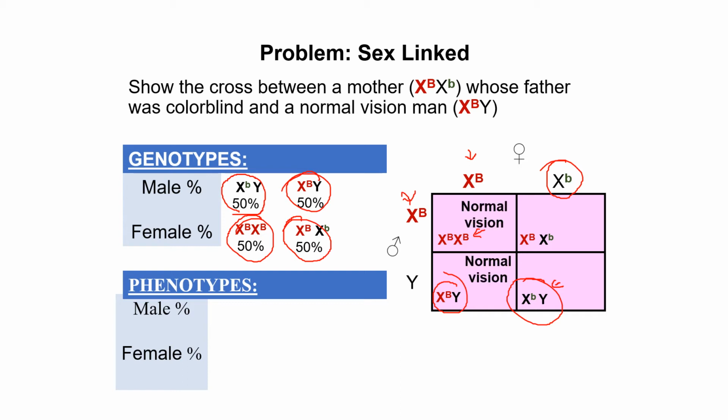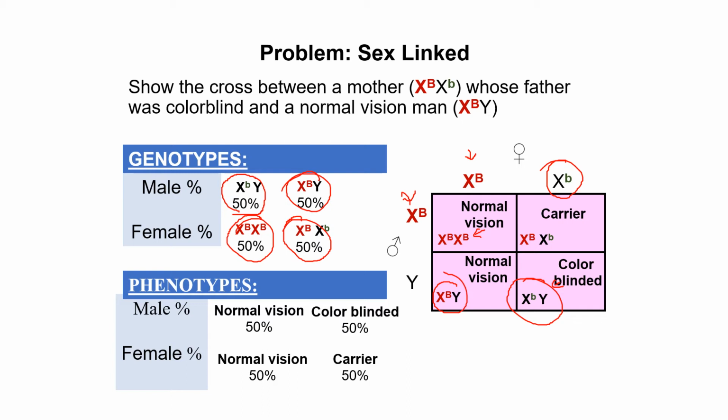So you will find that 50% of the males will have normal vision and 50% will be colorblind, and of the females, 50% will have normal vision and 50% will be carriers.